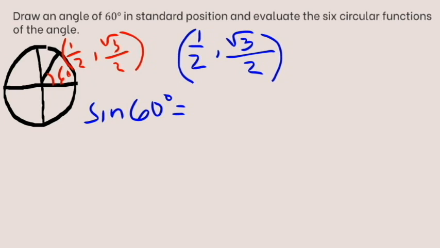So our hypotenuse is 1. Now for our 60 degrees, remember that the ratio of the sine is the opposite over hypotenuse. If this is the given angle, our opposite is the y value.